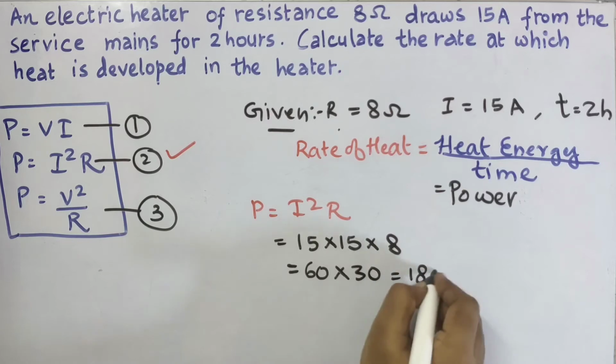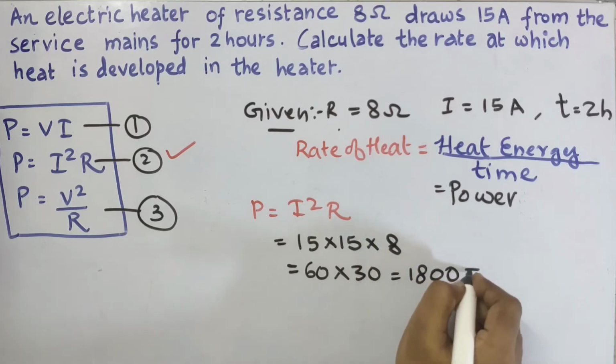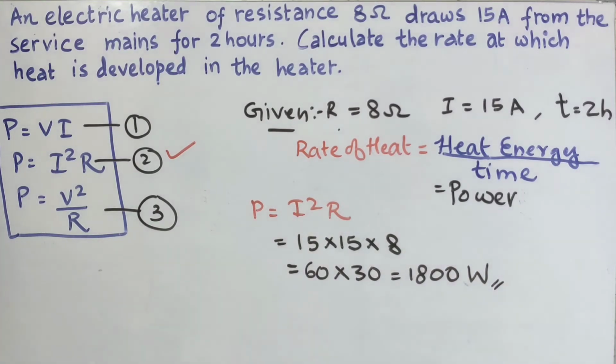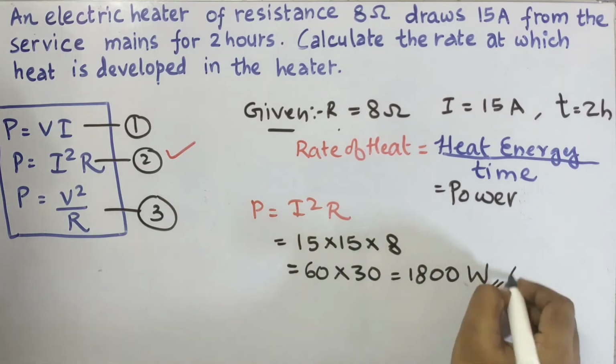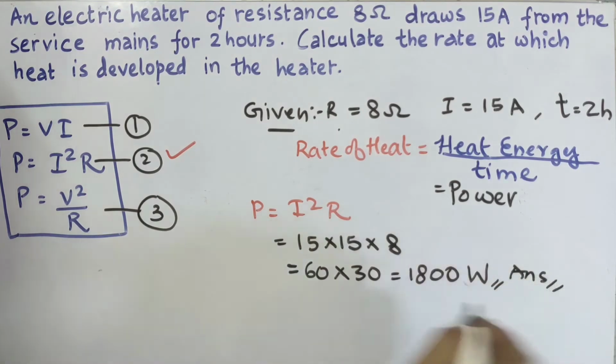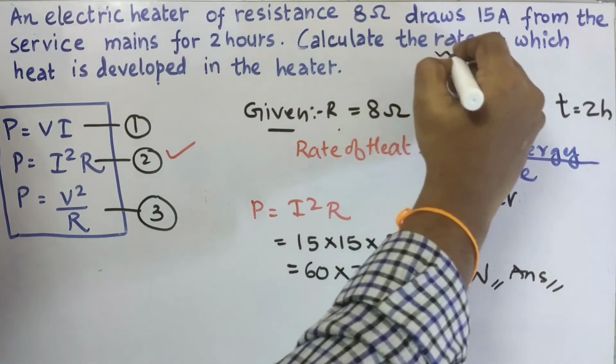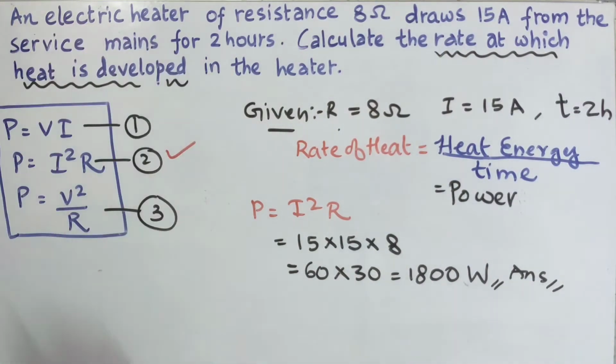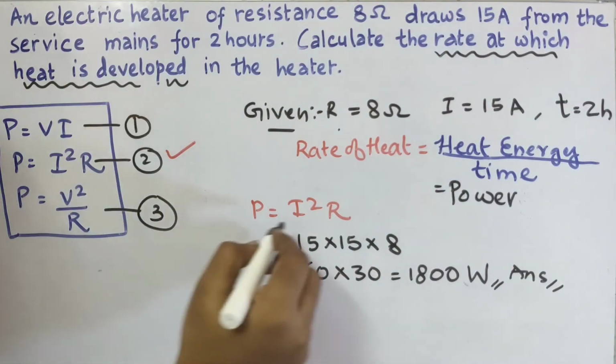So the answer is 800 watt. Unit of power is watt or joule per second. So this is the answer for our question. So remember, we have not been asked heat, rather we have been asked rate at which heat is developed. So rate is nothing but power.